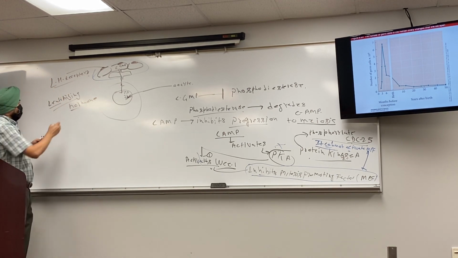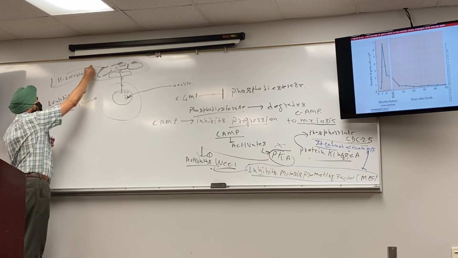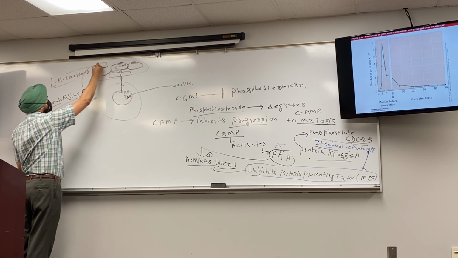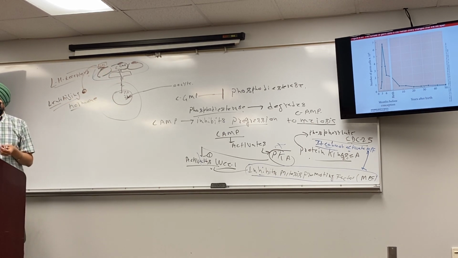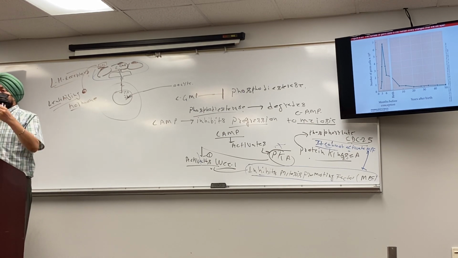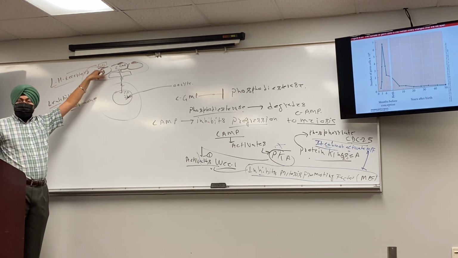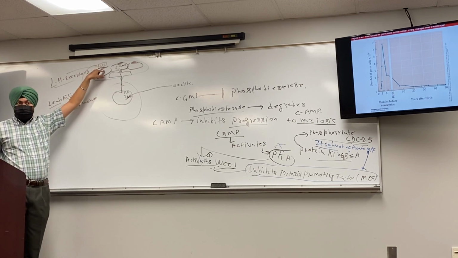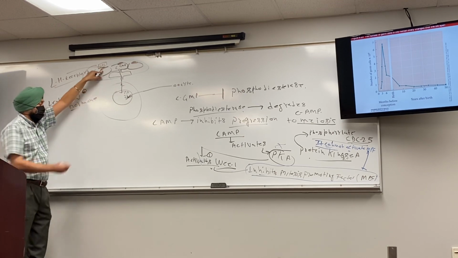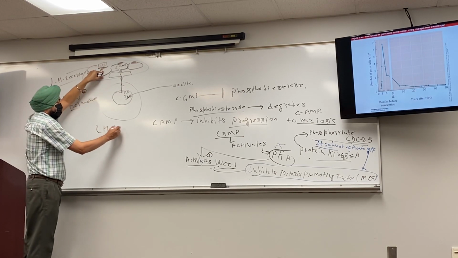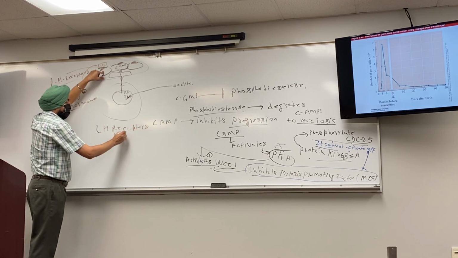And then luteinizing hormone is coming here, it binds to its receptors. So once it binds, it does two things. Binding to the receptor means that a signaling cascade will activate in these cells, right? So LH receptors will be activated.